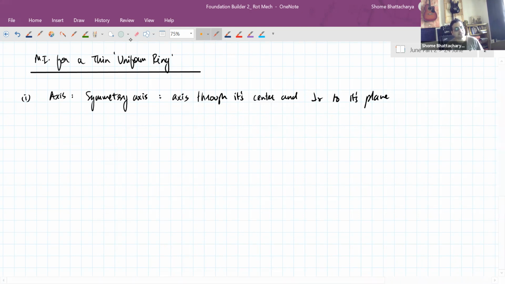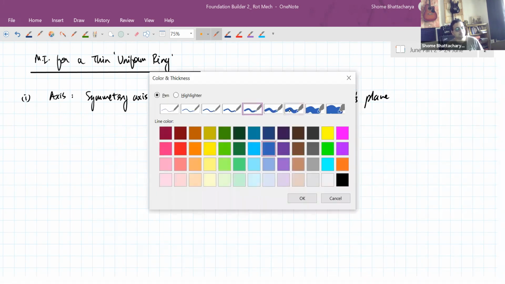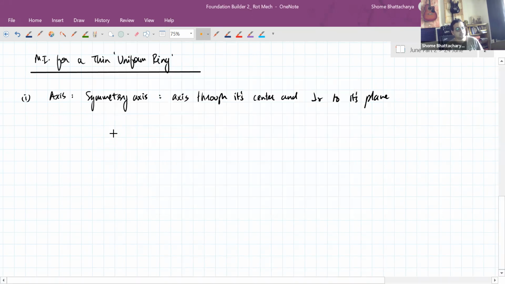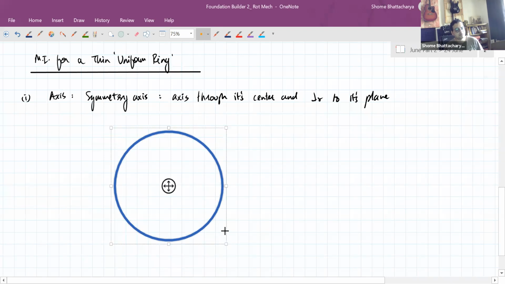When we take this axis, it's one of the simplest examples of moment of inertia, because we are talking about a thin ring like this, let's say, whose mass is m and radius is r.